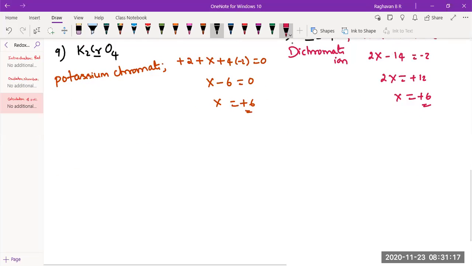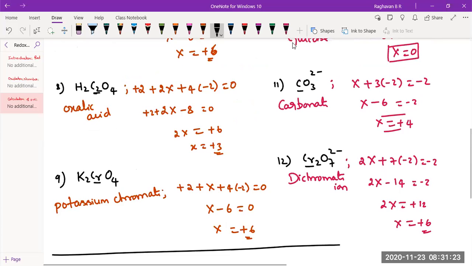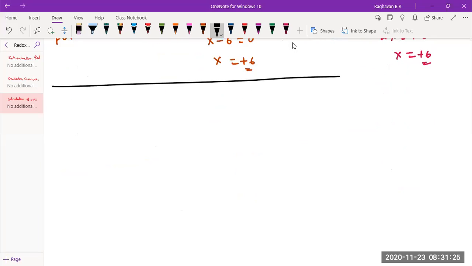Let me take some more compounds now. Simultaneously, you have to write the compounds, then start working, because I need to scroll down.